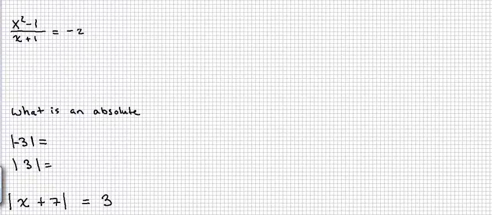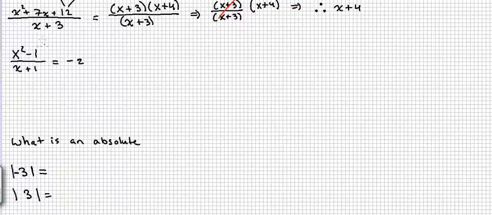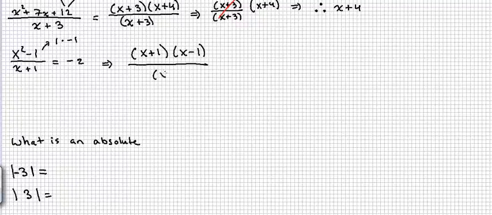Okay, let's look at this guy. So this one, we have to think of what numbers multiplied will equal negative 1. Well, one option is 1 times negative 1 equals negative 1, and that'll work. So what we're going to do is split this one up into x plus 1 times x minus 1, divided by x plus 1, equaling negative 2.